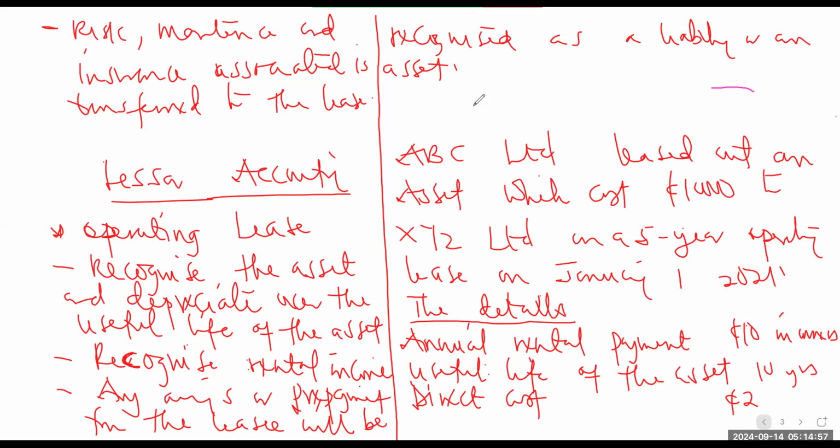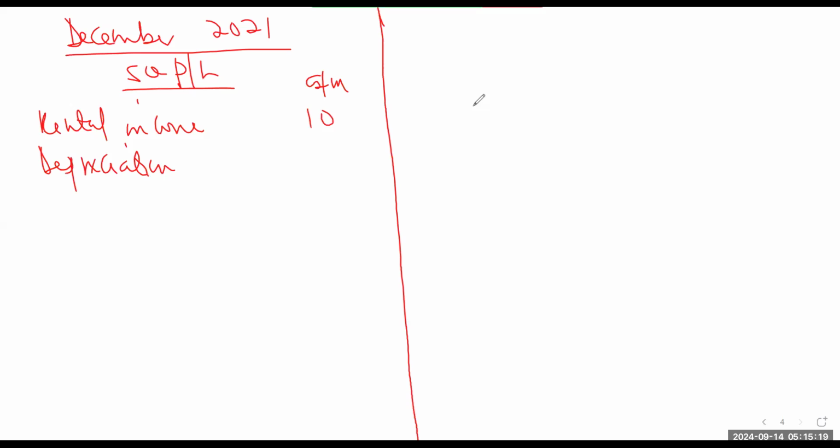Let's say the value of the asset is 80 million. So your depreciation will be 80 million divided by 10 years, giving 8 million as depreciation every year.